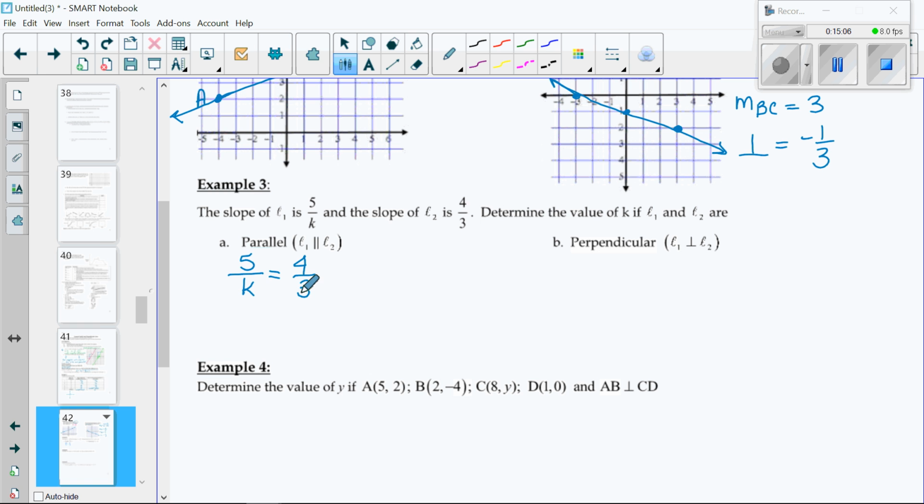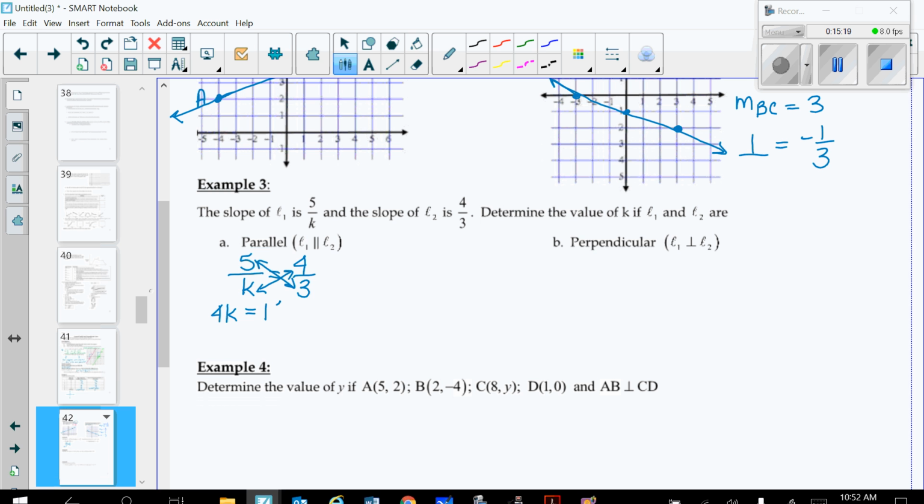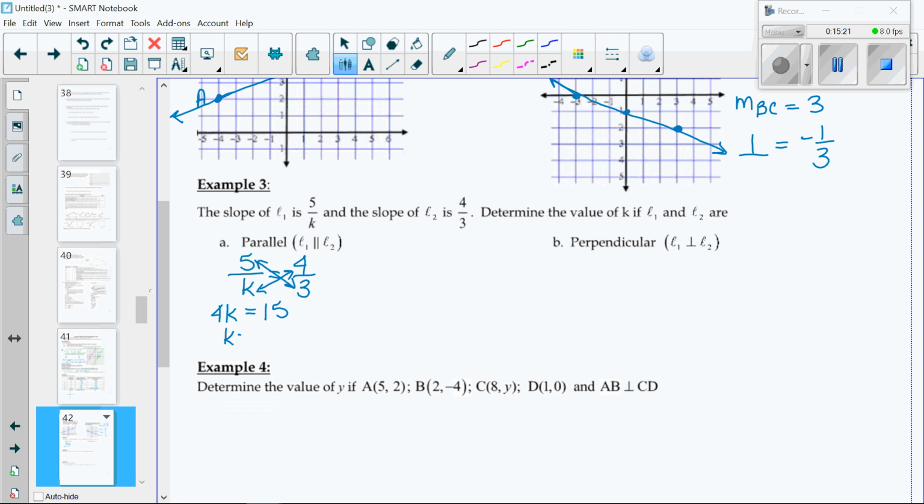So now all we have to do is cross multiply. So 4 times k, so that's 4k. And then 5 times 3, that is 15. K is equal to 15 over 4.